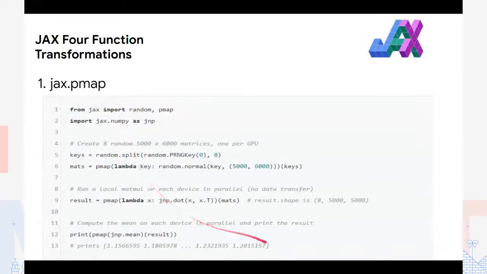Once we call this Pmap, what comes next we can do across all the devices or many devices that we have there. So yes, those are the four main transformation functions that you should know before digging into the JAX neural network.